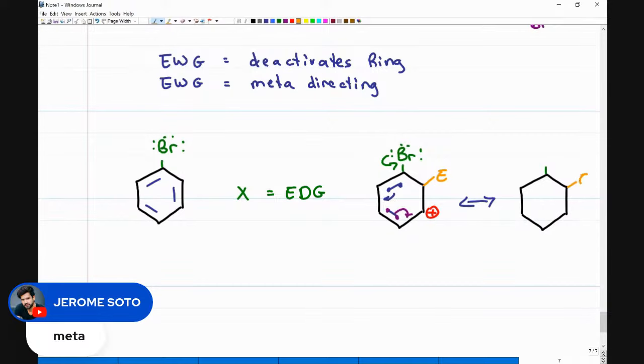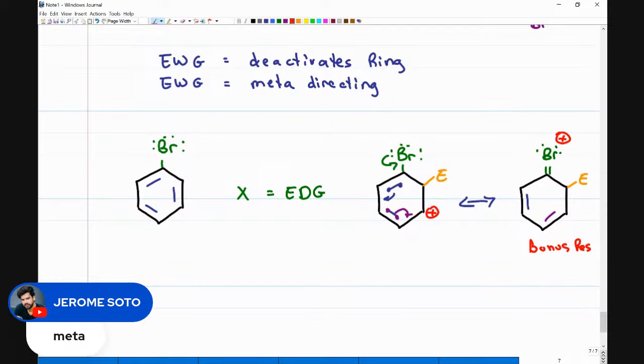The electrophile having added at the ortho position, the purple electrons moved over to this position, the blue electrons moved over to this position, and now I have the green electrons from bromine down on this position, like this, with a positive charge.